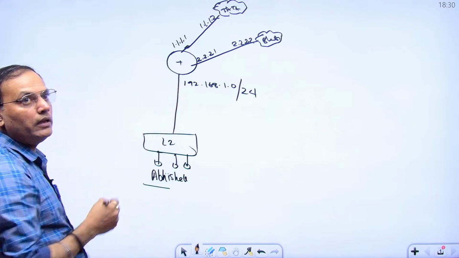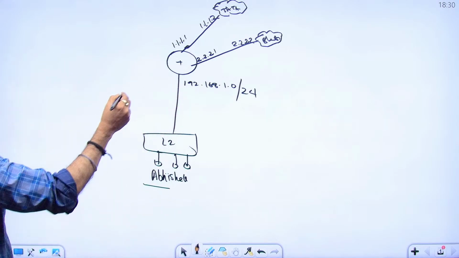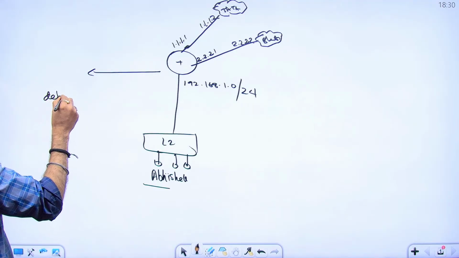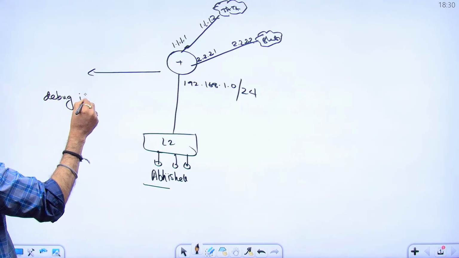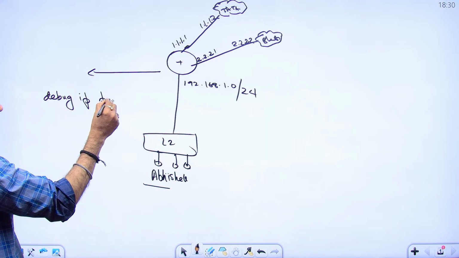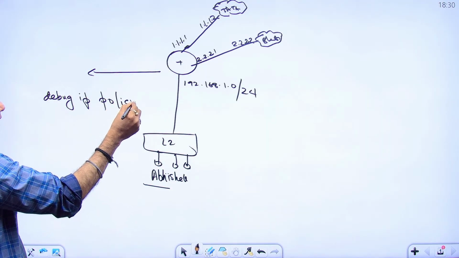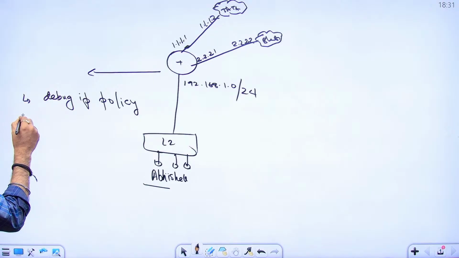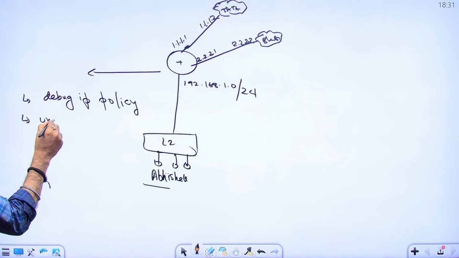So on this router there is one important command, right? That is debug IP policy. This command will tell you whether your PBR is working or not. Debug will show you whether your policy is working or not. Whenever you do debug, there is high utilization on your router, so you always do undebug all.